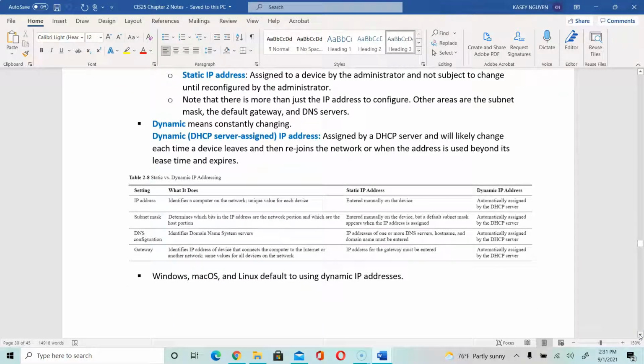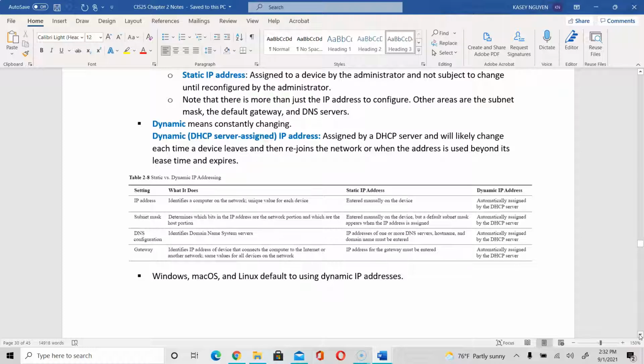Dynamic Host Configuration Protocol is used to assign IP addresses. And so you can see here there's a clarification between IP address, subnet mask, DNS configuration, and gateway. Your IP address is uniquely used by the system to identify how to route the data to that system and from that system. Subnet mask is used to determine what part of the network that system belongs to.